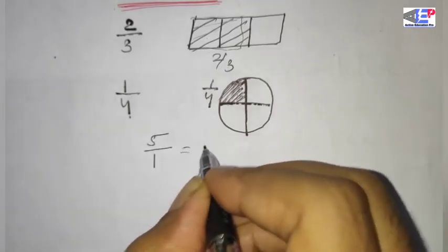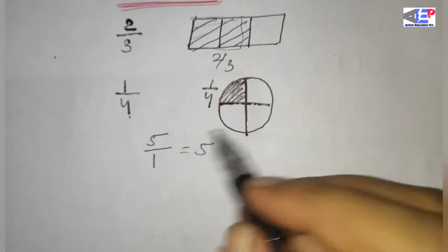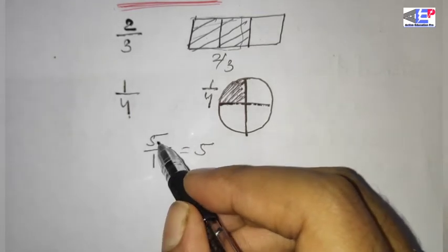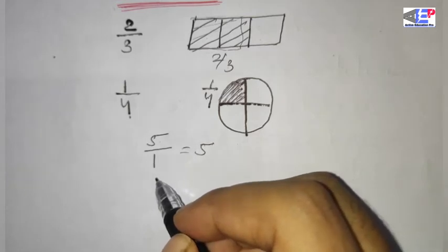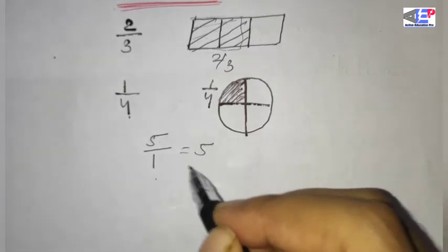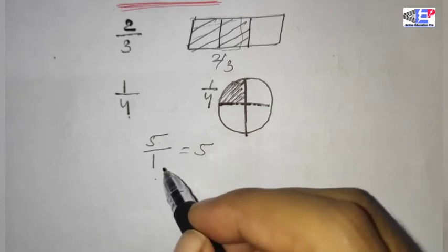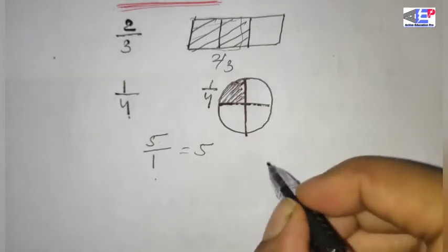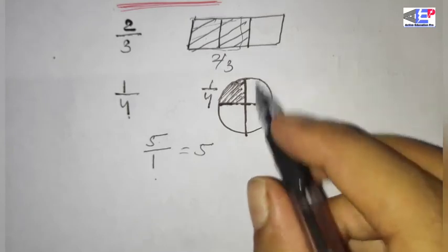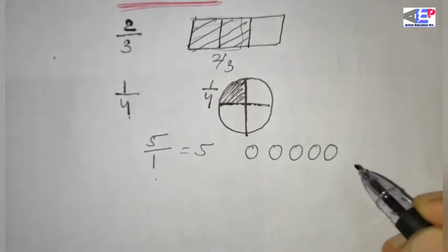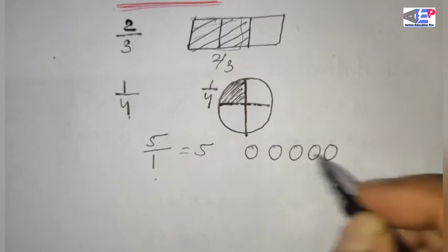So 5 by 1 is equal to 5. Now it is in the form of p by q, where 5 is the numerator and 1 is the denominator. 5 is a whole number, because out of 1 you cannot take 5. So it is 5 complete circles.